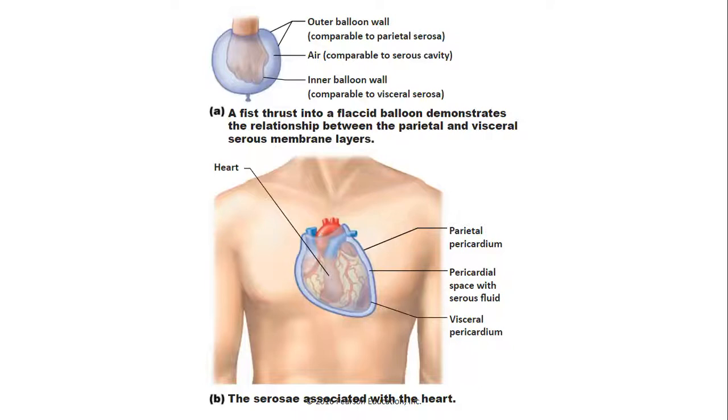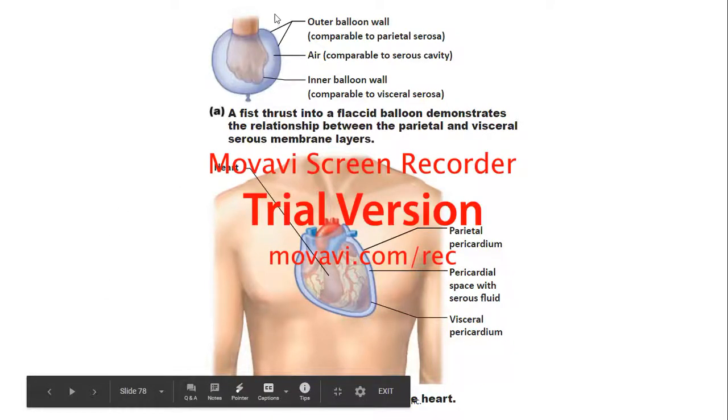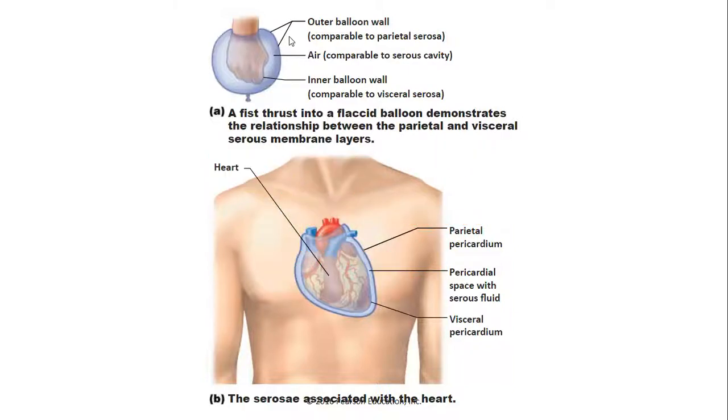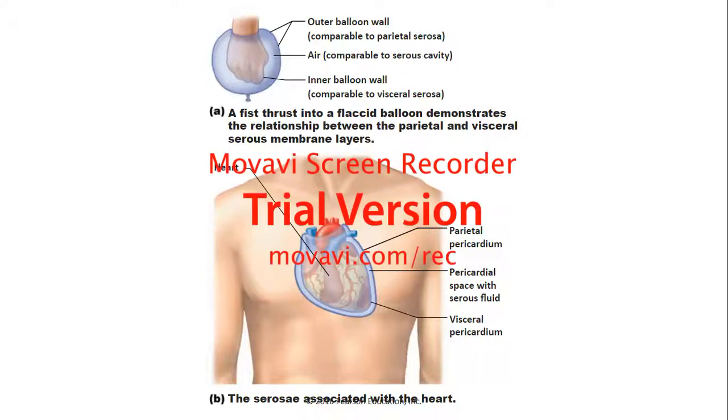If you stuck your fist in a balloon that was blown up, the outer balloon wall, the part not touching the fist, is comparable to the parietal serosa, whereas the inner balloon wall that is in contact with the fist, which is the analogy to an organ, would be the visceral serosa.